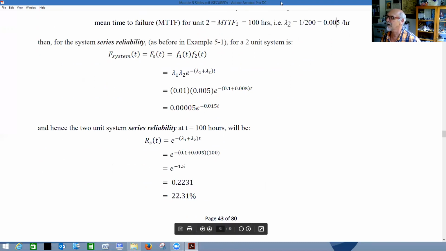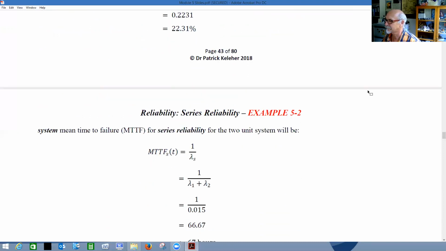The series reliability for that is 22.31%, so roughly 22%. So once we do that calculation, we can use that to help us figure out the scheduling of our particular maintenance.